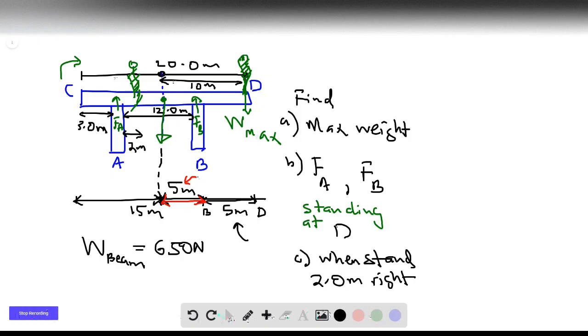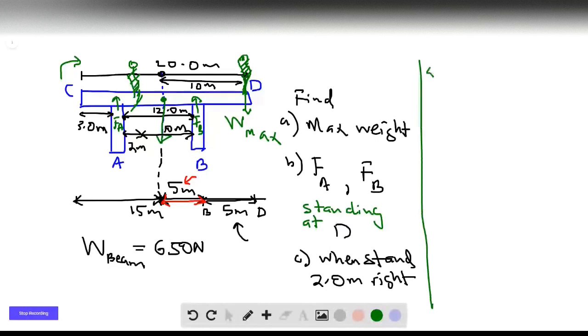Obviously, if that distance is 2 meters, it means that this distance is going to be 10 meters, because the entire distance is 12 meters. So those are the pieces of information we're given.